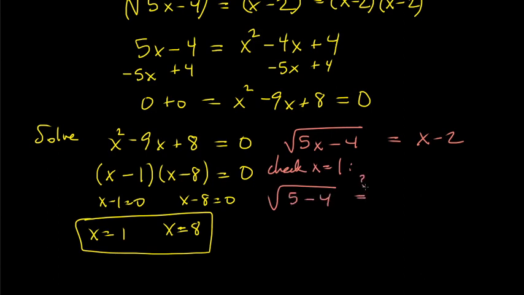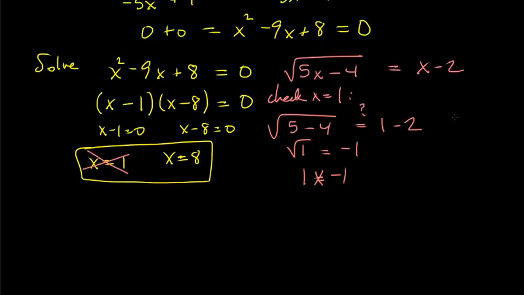Is that equal to 1 minus 2? Well, 5 minus 4 is 1, so we get the square root of 1. 1 minus 2 is negative 1. The square root of 1 is 1, but that does not equal negative 1. So as it turns out, x equals 1 doesn't work.